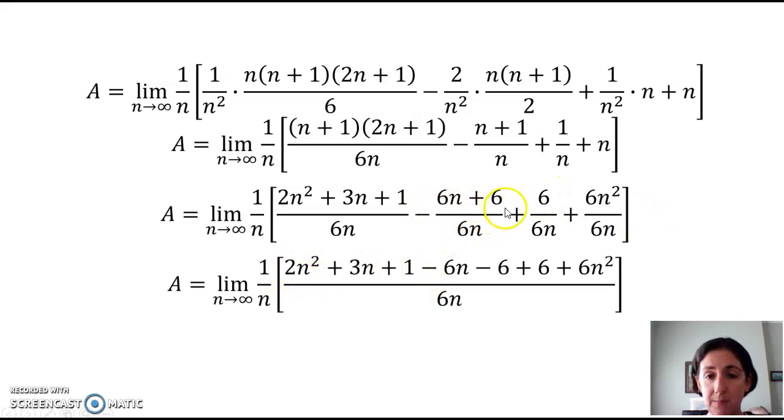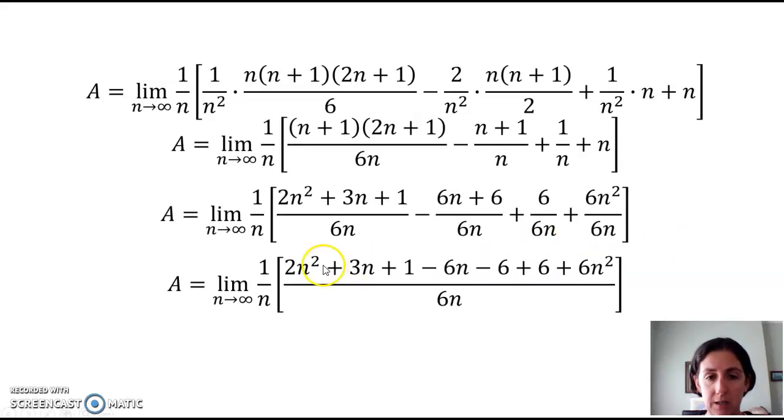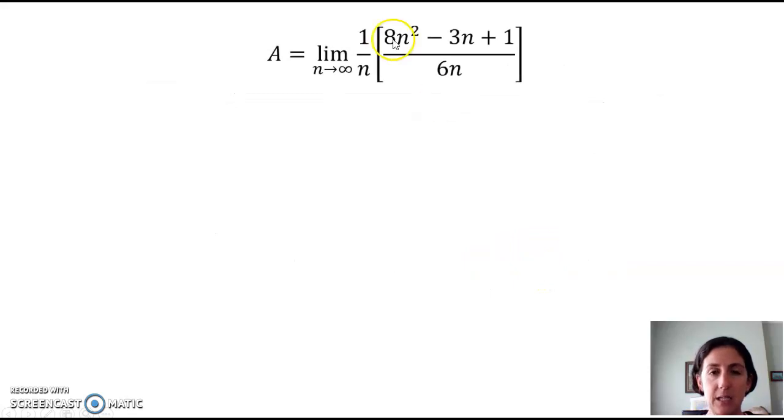Now, keep in mind, I'm subtracting this entire numerator, so I need to subtract the 6n and I need to subtract the 6. Now, when I combine all of my like terms from here, 2n squared plus 6n squared, 3n minus 6n, 1 minus 6 plus 6, it simplifies to 8n squared minus 3n plus 1.